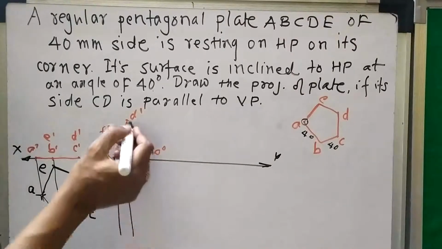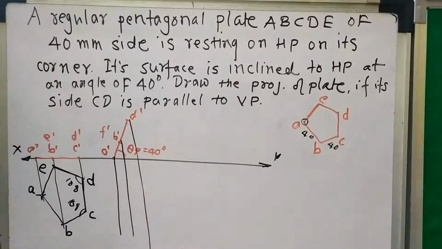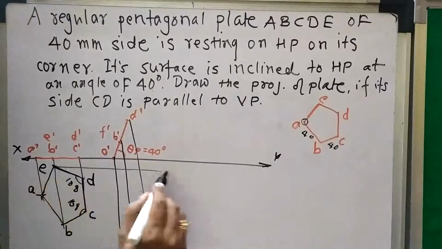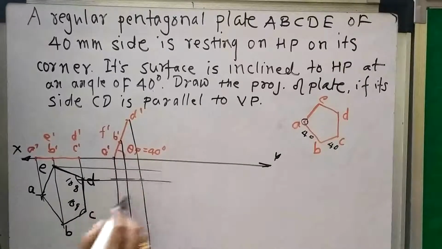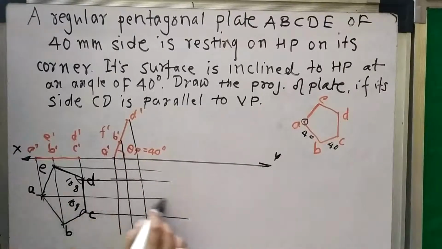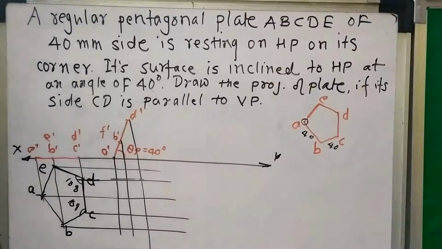So these are the vertical perpendicular lines, and then I will draw horizontal lines from this. And then I have to join these points.